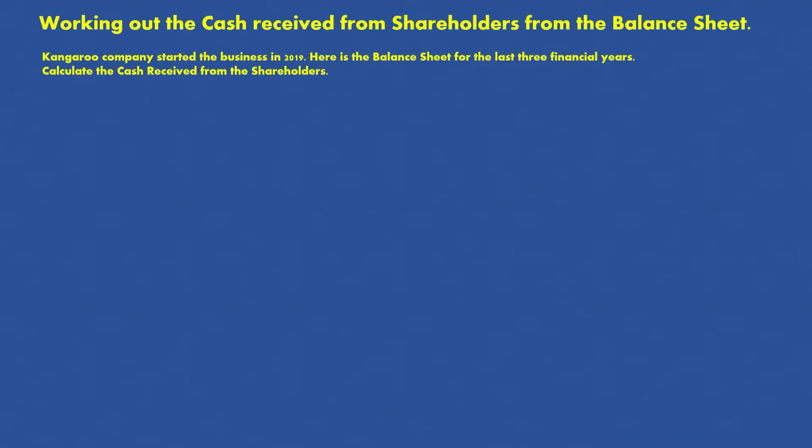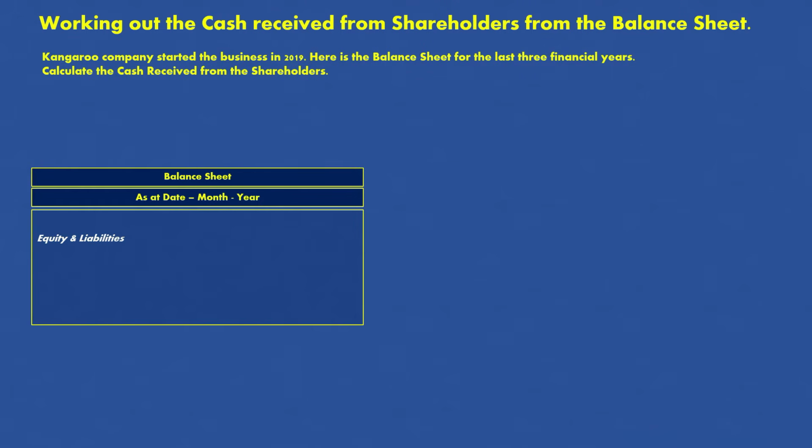So here is the balance sheet, and in that balance sheet for all 3 years we have share capital and share premium. Now we have to recall that point that share capital and share premium both represent the money received from the shareholders. So we will consider both of them together. Looking at 2019, at the beginning of this year there was no balance in share capital and share premium.